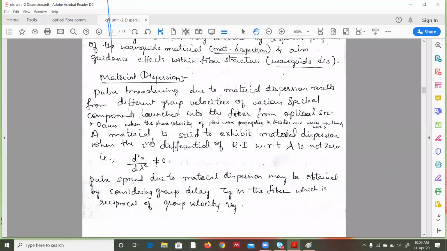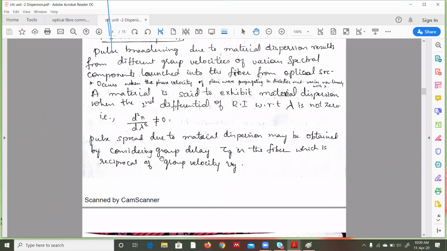So in this statement, the second differential of refractive index, that is n, with respect to wavelength is non-zero. If it is equal to zero, then there is no existence of material dispersion. But it cannot be equal to zero because some amount of material dispersion is exhibited by the fiber material itself. So it's a non-zero quantity.